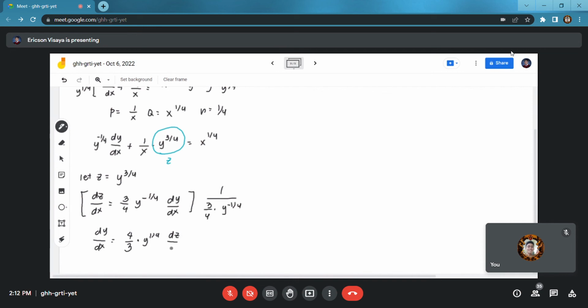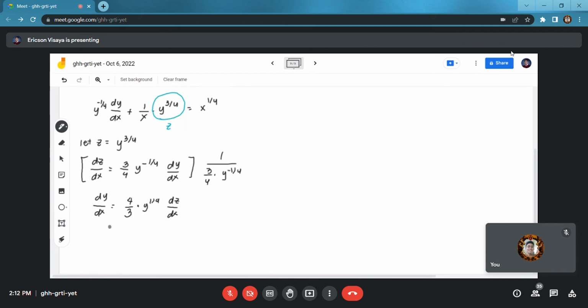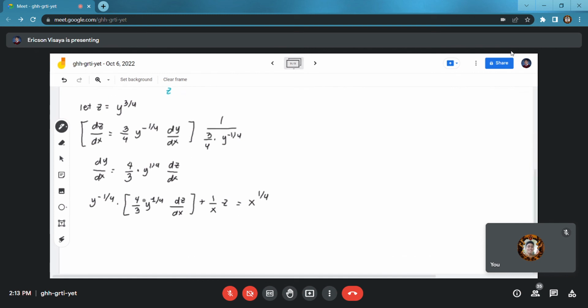Since nakuha na natin dy over dx natin, pwede na tayong mag-substitute. So, y raised to negative 1/4 times ang ating dy over dx natin, that is 4/3 y raised to 1/4 dz dx, plus ang ating 1 over x, yung y raised to 3/4 natin, yan ay ang ating z. So yan equal to x raised to 1/4. Then to cancel.